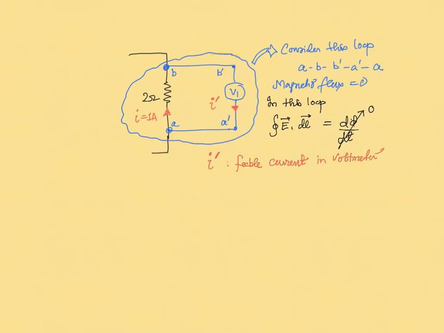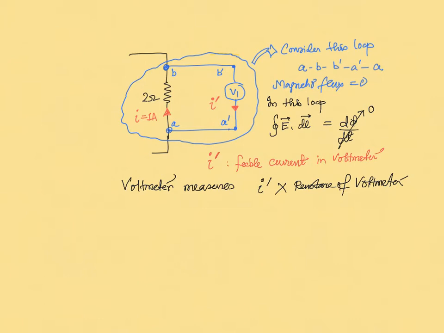And the voltmeter measures this I dash multiplied by the resistance of the voltmeter. It doesn't measure potential difference, actually. It measures current multiplied by resistance.